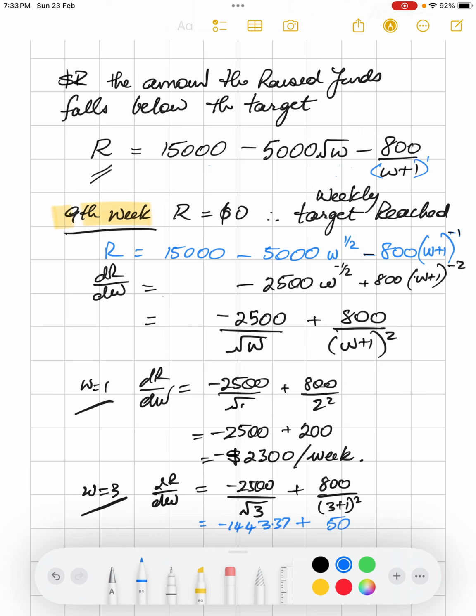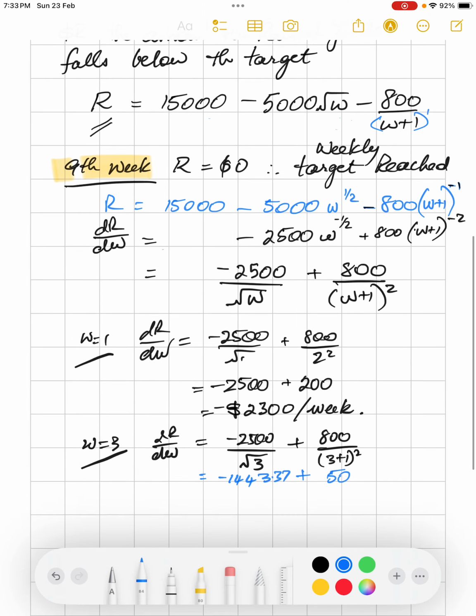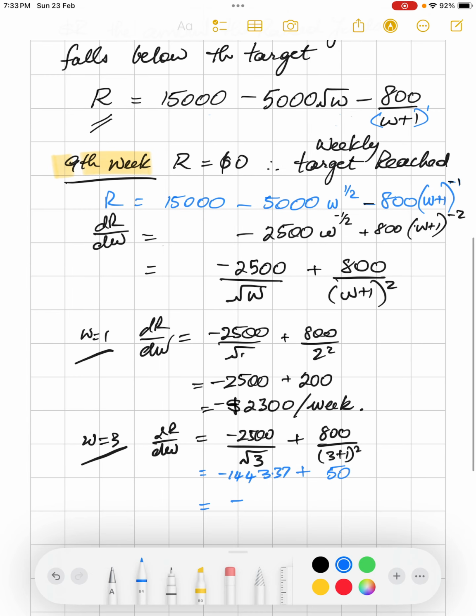And let's add 50. And we've got negative $1,393 to the nearest 100, so it's negative $1,400 per week.